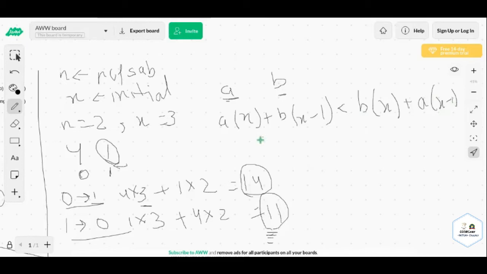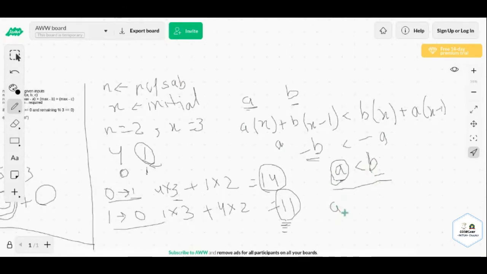When you cancel out both terms, it will be minus B less than minus A, that is A less than B. So whenever there are 2 subjects with A chapters and B chapters, and A is less than B, then teaching A first will be less costly. Got it?